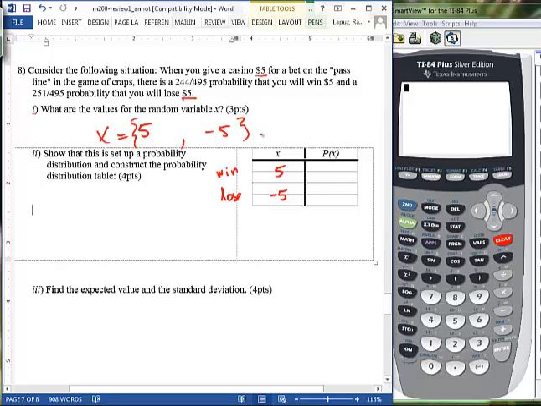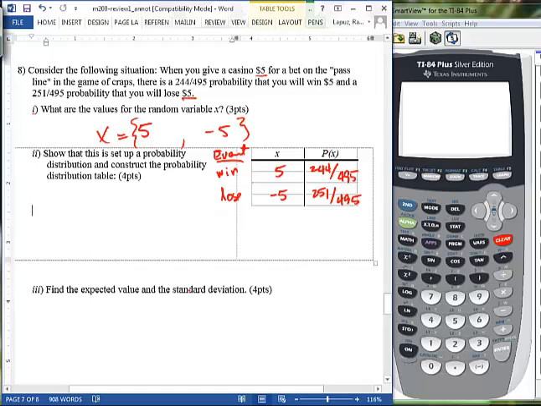And the probability for winning, the assigned probability for the random variable 5, is 244 over 495, and 251 over 495 for losing. It would be helpful if you actually wrote the event on this column to get things set up. So this is our probability distribution table.